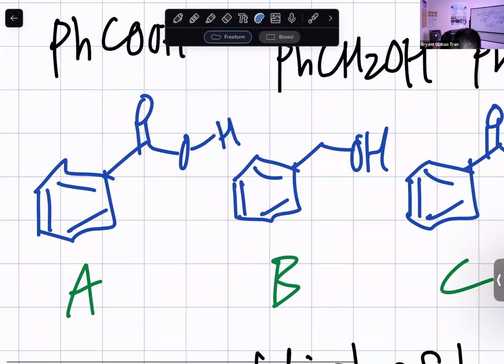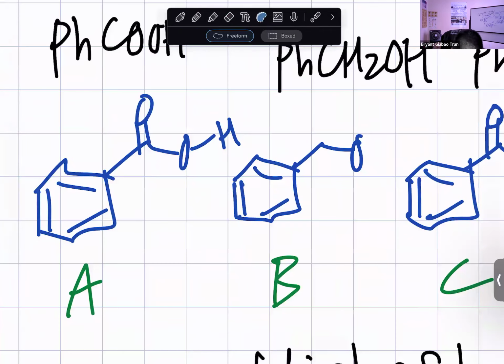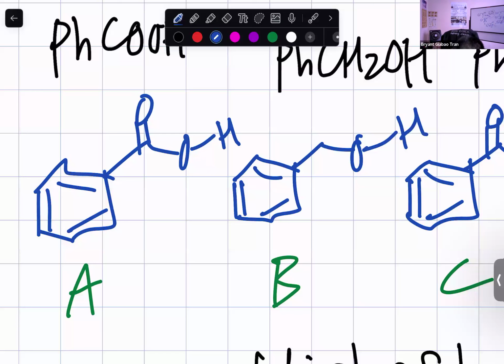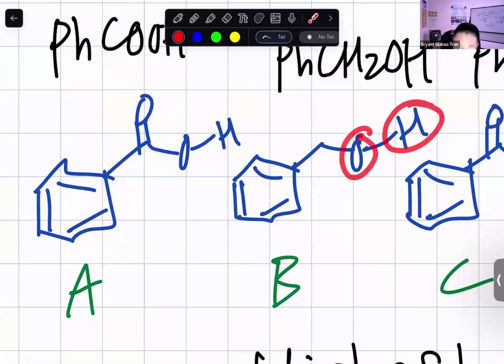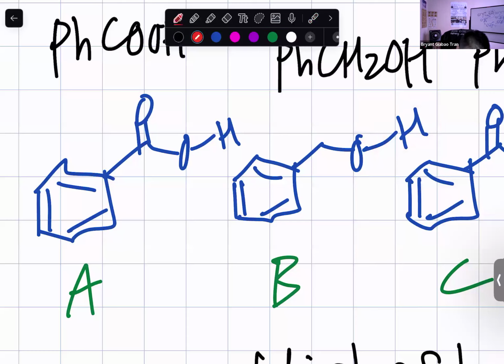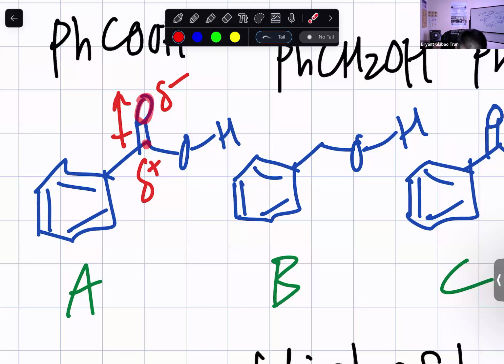Oh, so B, notice how B also has an H bond, right? Because this hydrogen is also attached to that oxygen. So B also has an H bond. But this A right here also has dipole-dipole intermolecular force because there are more partial charges, right? There's a partial positive charge on that carbon, a partial negative charge on that oxygen, which can do dipole-dipole interactions with other carboxylic acids floating around.